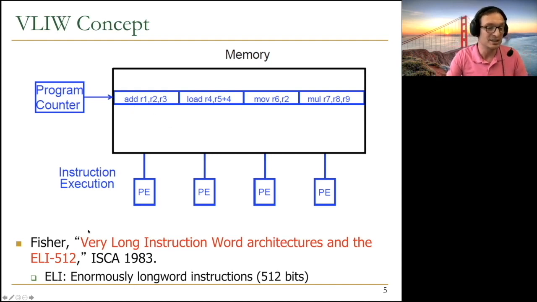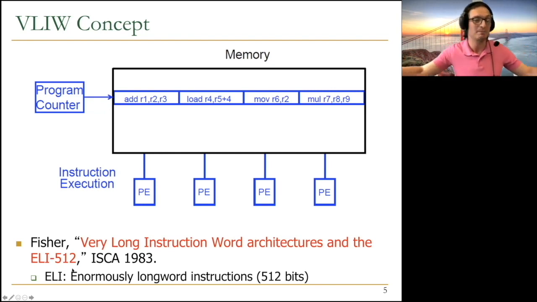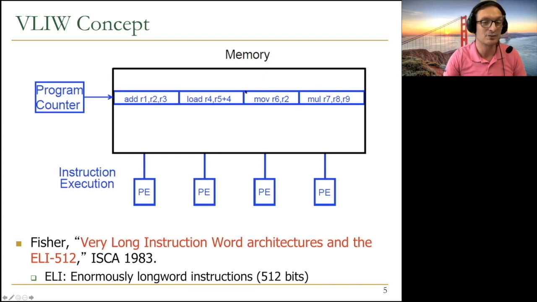And it was introduced in the seminal paper by Josh Fisher, who introduced this enormously long word instruction computer, ELI 512. And in that computer, basically, they had 512-bit instruction words, and they could pack many instructions into those 512-bit instruction words. You can compare that to existing instruction words that we have in MIPS, for example.